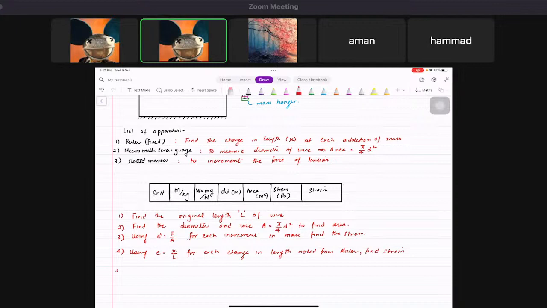And then finally plot a graph of best fit from origin, because this graph will always start from origin, of stress versus strain.